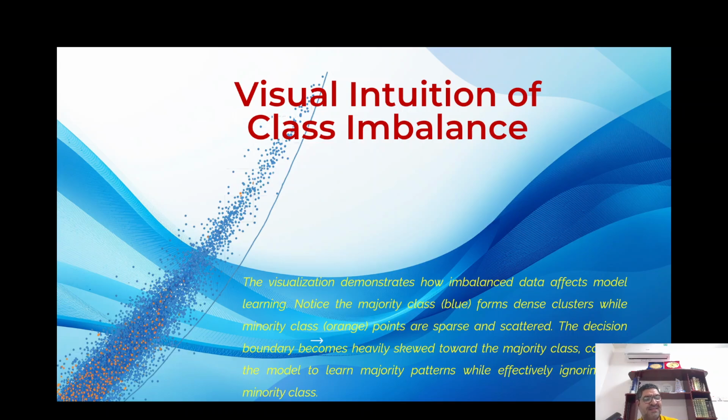We can see from this visualization that it is skewed towards the majority class, while effectively ignoring the minority class. The minority class is getting ignored. So this is in fact the visual intuition of class imbalance.